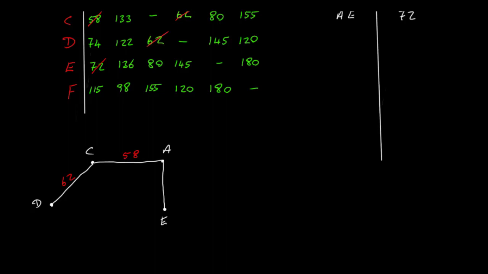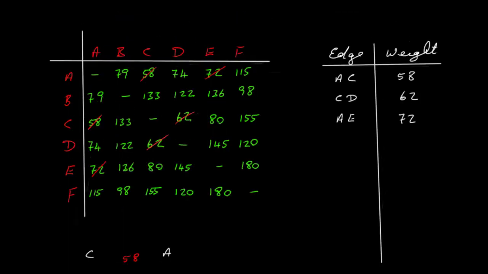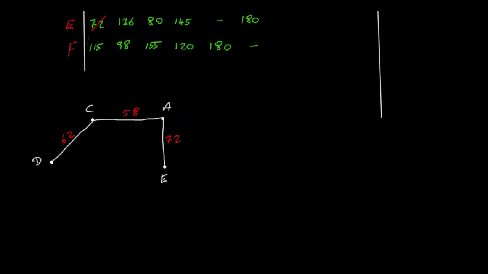And that has a weight then of 72. Okay, so the next one is 79, and that's from A to B. So you can see that here. So let's just write that in. So we've got A to B, and that has a weight of 79. Let's draw that in. So we have A to B with a weight of 79.